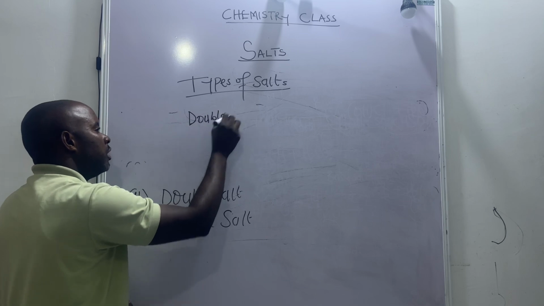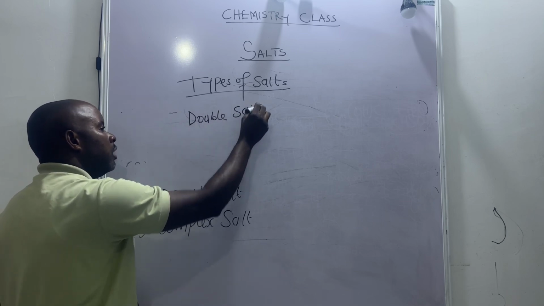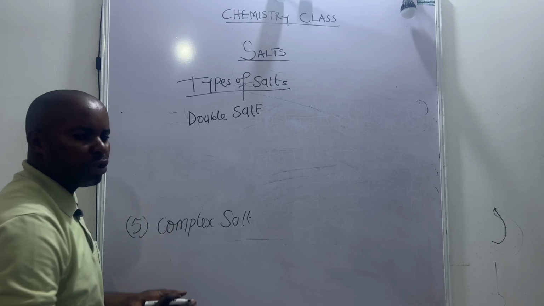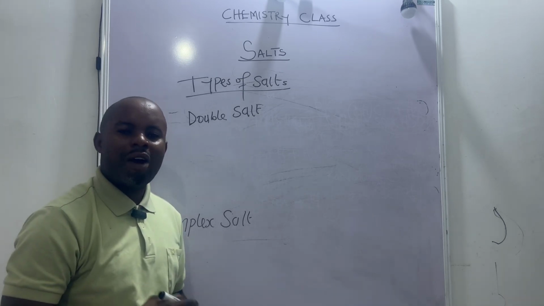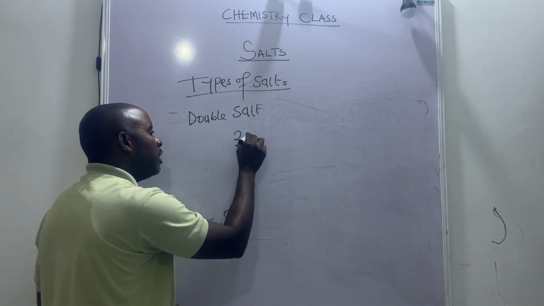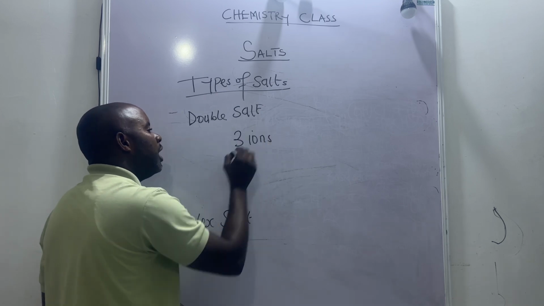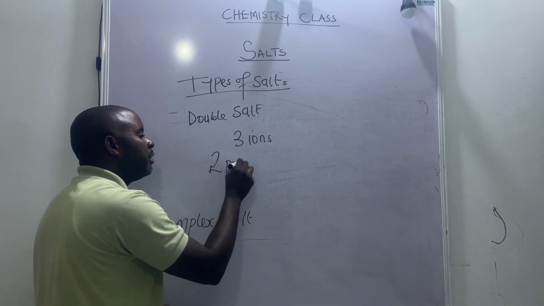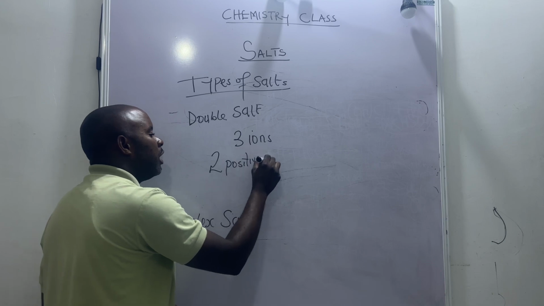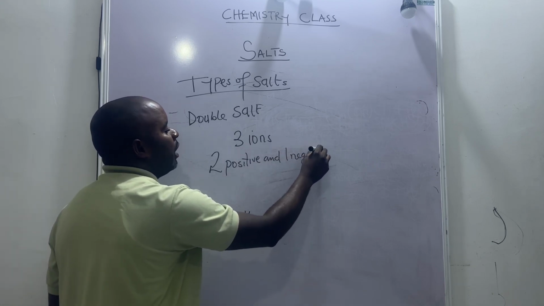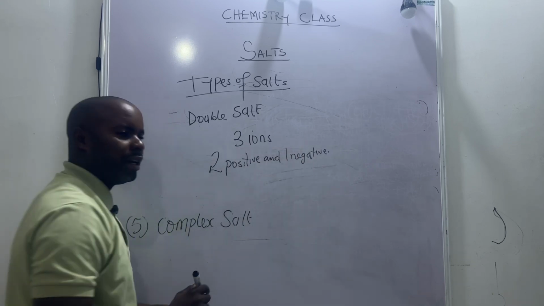Double salts are those salts that ionize in solution to give 3 ions. And these 3 ions are usually 2 positive and 1 negative. So we can identify a double salt by using this analogy.